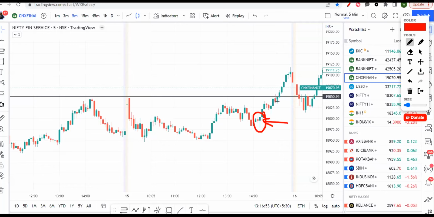When this candle was forming, it was going down, so at that time it would have been red like this. But eventually price went upwards, so it changed from this candle to this. That means you always have to wait for the candle closing to decide the direction. Once the candle closes, then you decide.